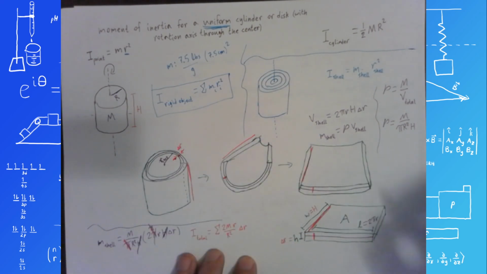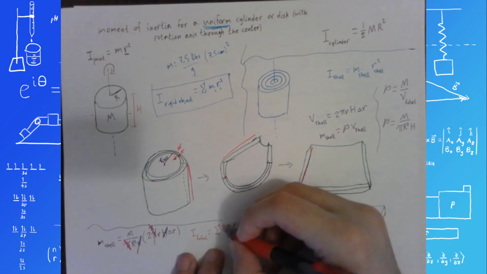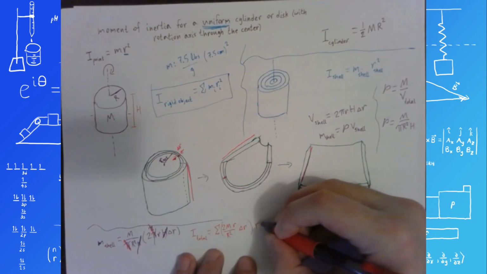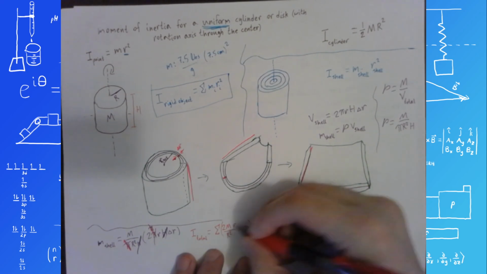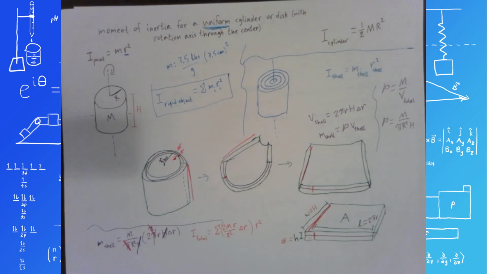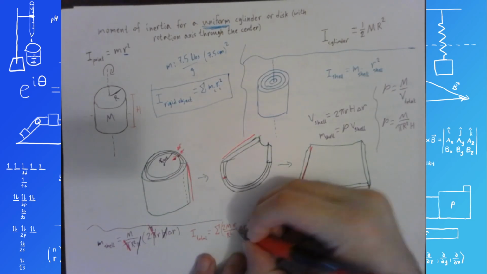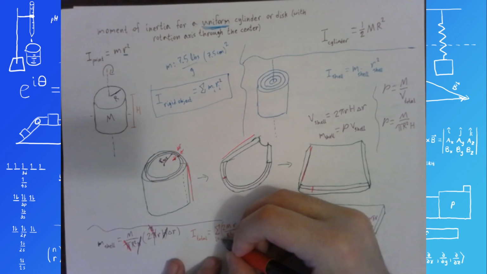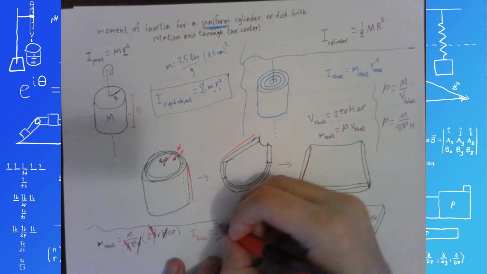That's the mass of an individual shell, times r squared, and these r's are the same. They're just the radius of a particular shell. I guess we could call these r_i if we want to stay true to the summation notation.